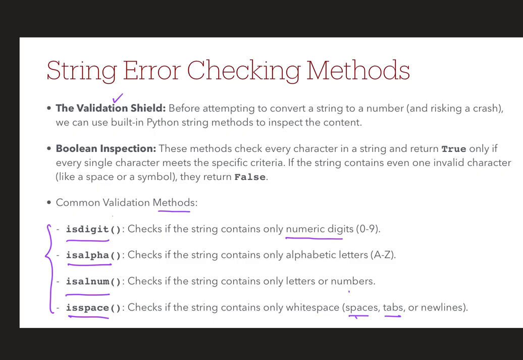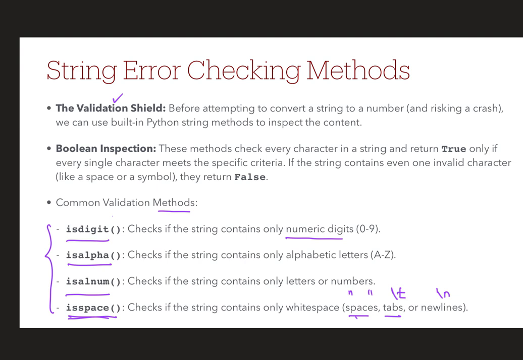A space is made using the space bar, the tab key is represented by \t, and the new line character is \n. If you have one of these in your character string, then isspace will return true.